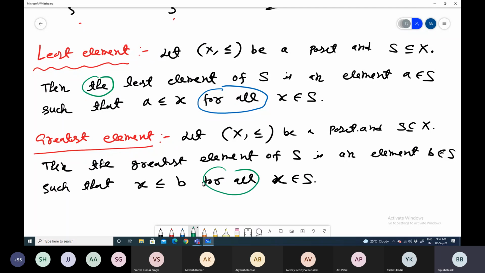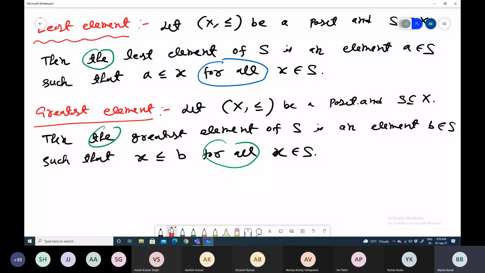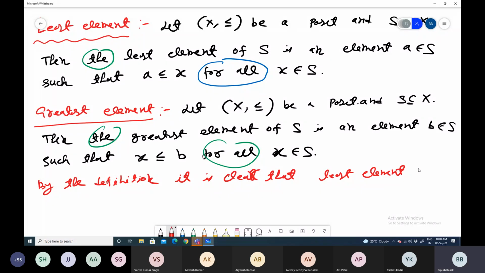So here again we have "for all". By the definition, it is clear that the least element, if it exists, is unique.